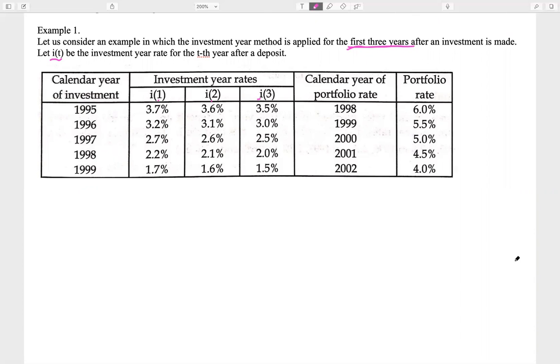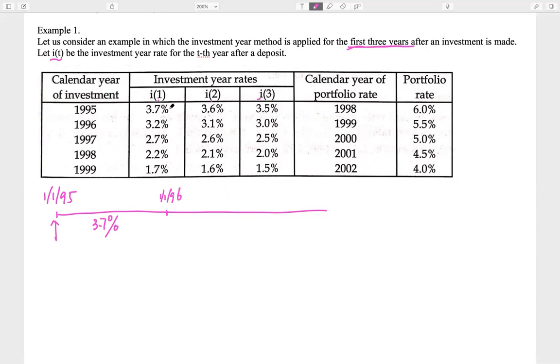Let's say on January 1st, 1995, you invested some money. This is when you make your deposit. For the first year, the interest rate is 3.7%.